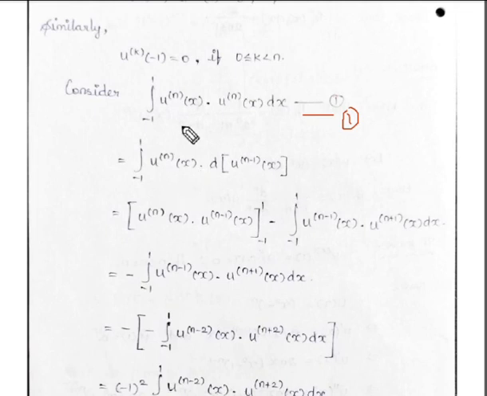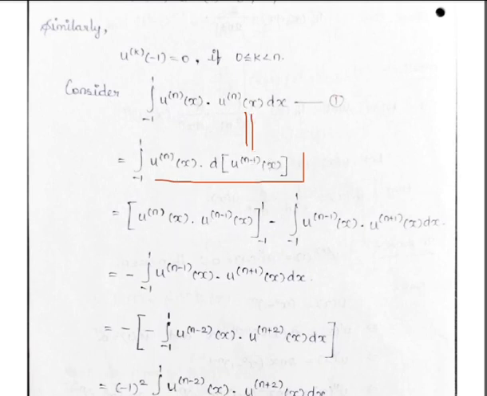Now we can write this as the derivative of u power n minus 1th derivative of x, because if we differentiate u power n minus 1th derivative, what we get is u power nth derivative, that is, d of u power n minus 1th derivative. These two are equal. We have written it this way for our need. These two are the same, equal.